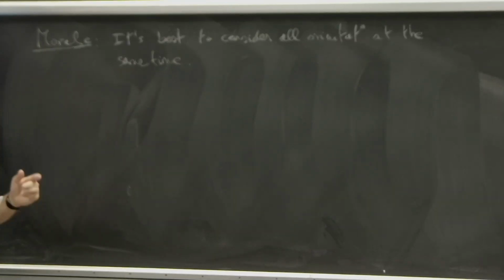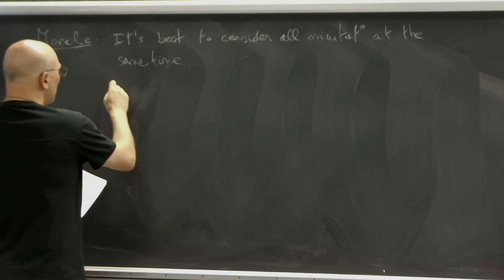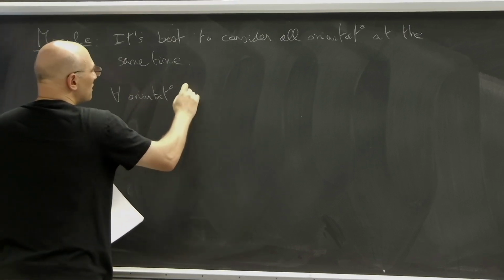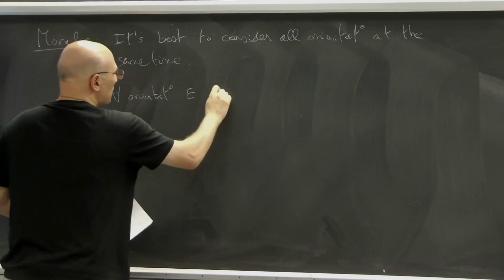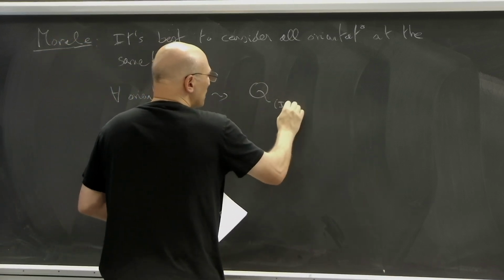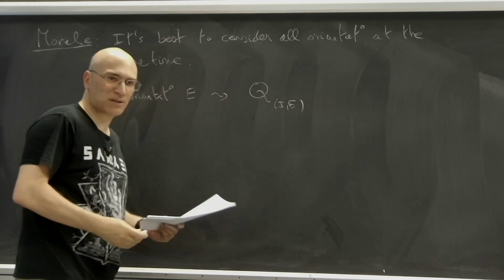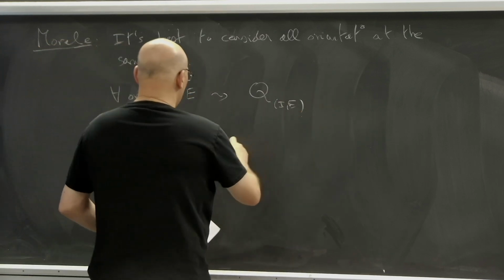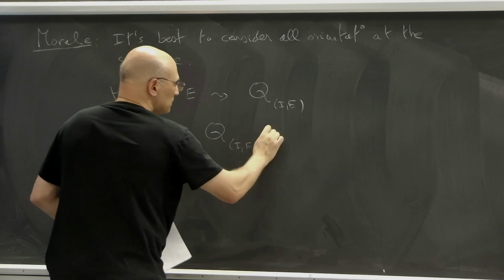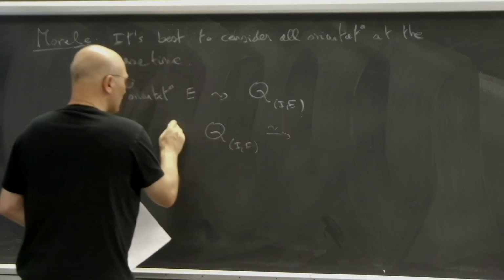Okay, so we should think that we have a bunch of categories for every orientation. So for any orientation, let's call it E, we get a category Q, I, E. And then we have all these equivalences, these Fourier transforms.